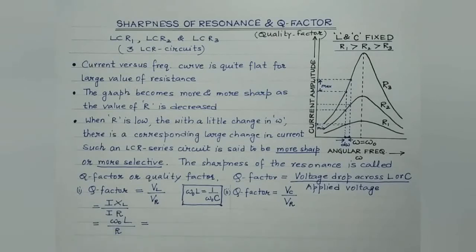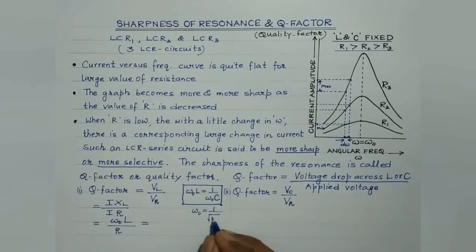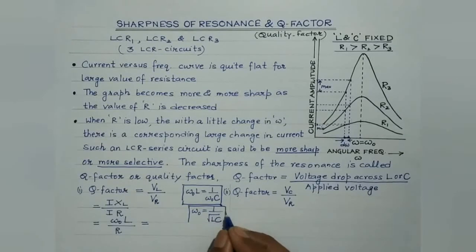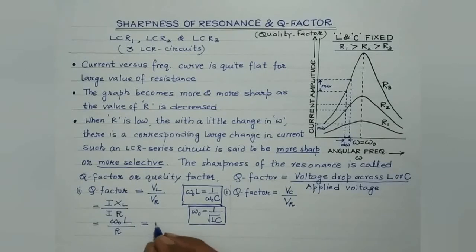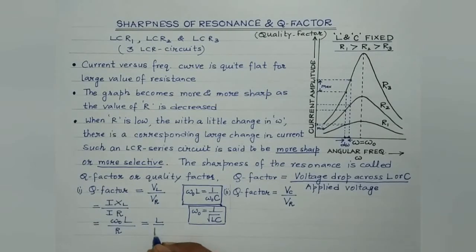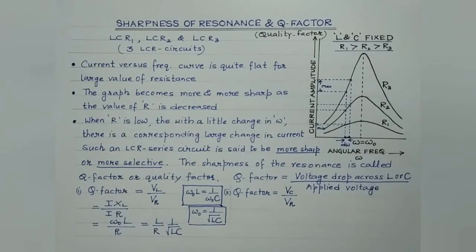Now substitute the value of omega naught. Omega naught is equal to 1 by square root of LC. This is the expression for the resonant angular frequency, right? So let's substitute this value over here. So what do you get? L by R, 1 by square root of LC, isn't it?